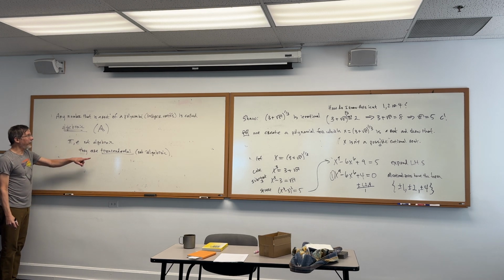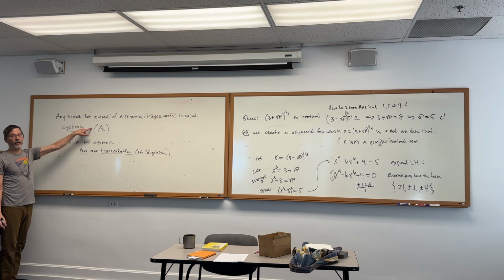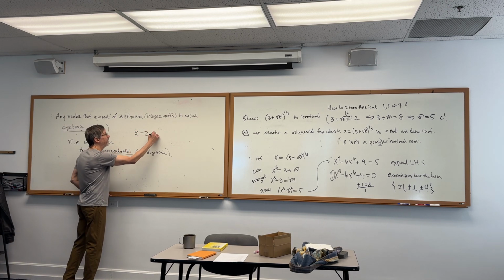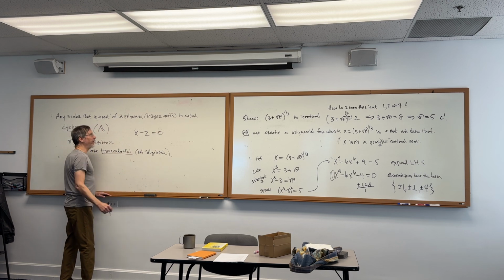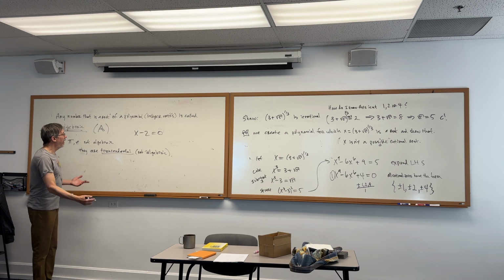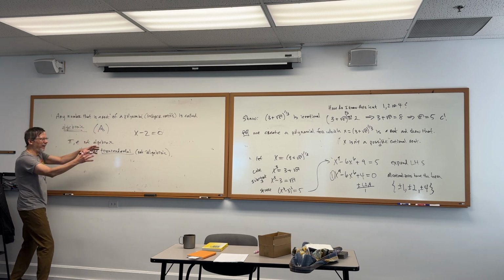But they are irrational. Not all of these are irrational. For example, here's a polynomial. Root of that is 2. That is a rational number. So these algebraic numbers kind of sit across.